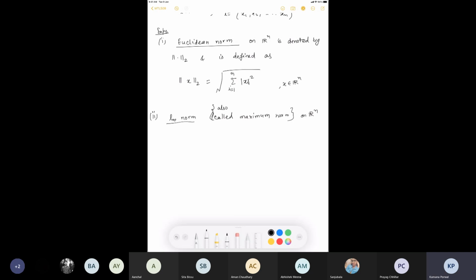And it's denoted by, I'm going to use these parallel lines, and in the subscript I'm going to use the infinity to denote the L infinity norm.